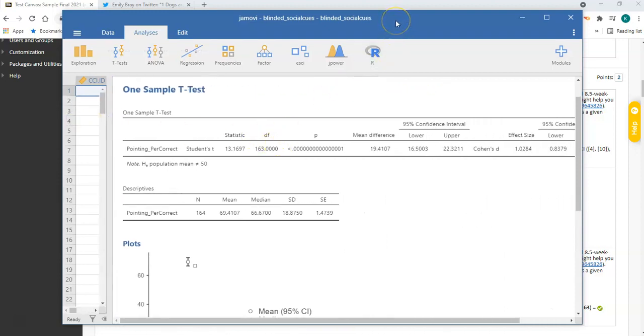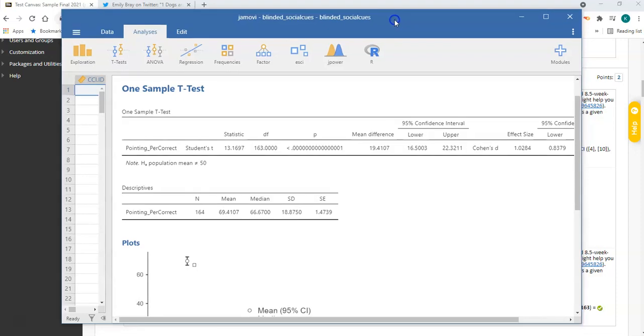And so what you need to do is fill in the blanks. So what you're going to need is the degrees of freedom, the obtained statistic, the t-value. You're going to need the p-value. Wow, that's a crazy small p-value. And there's the mean difference, confidence interval for the mean difference.